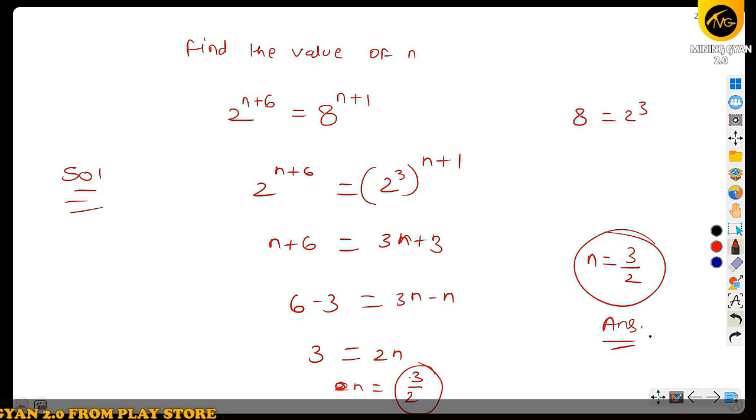We can write it in decimal form, or we can solve 3 divided by 2, which is equal to 1.5. Correct.